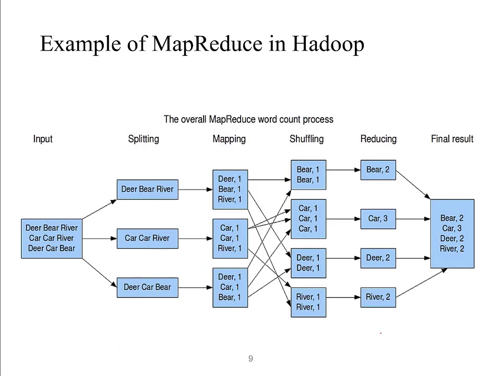Now let's see the example of MapReduce in Hadoop. While we have seen this before, I hope we can have a better understanding of this whole procedure now. So the input is split into splits.